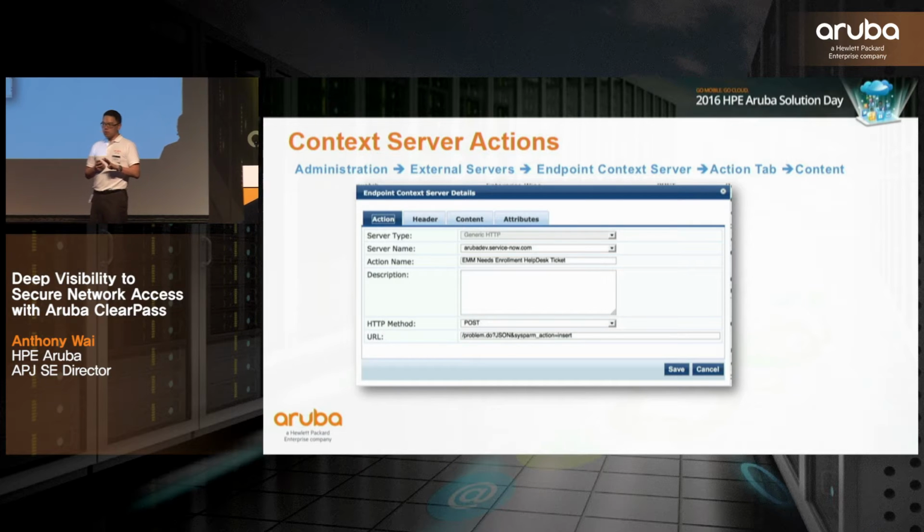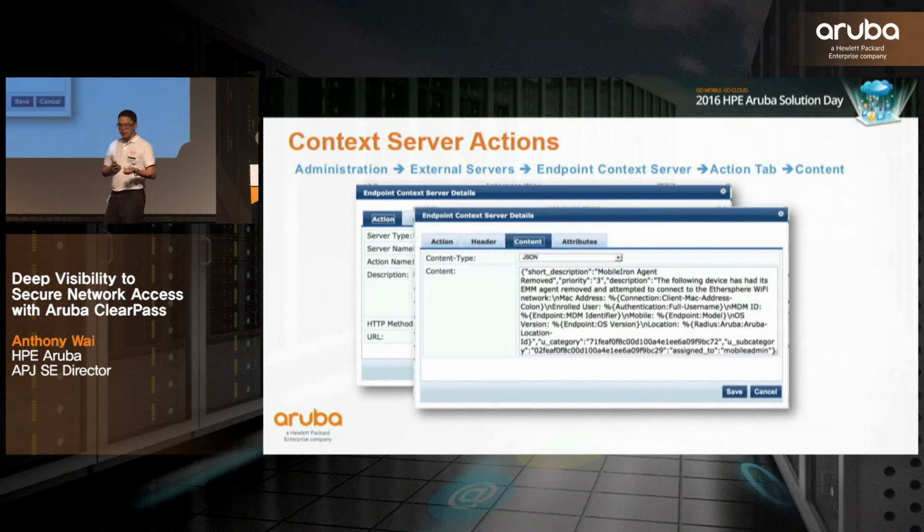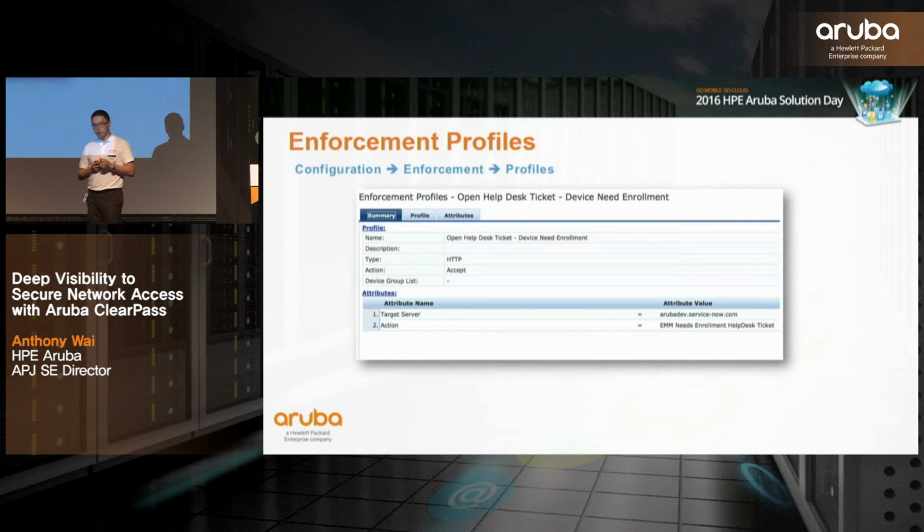But the third thing is, when do you actually make the call to trigger this? And that's when you call the enforcement profile. So this is a detail of the call running in the script of the mobile end. But this is the profile. So based on some conditions that you see at the network level, I want to trigger the enforcement profile to make the action called in the contact servers.